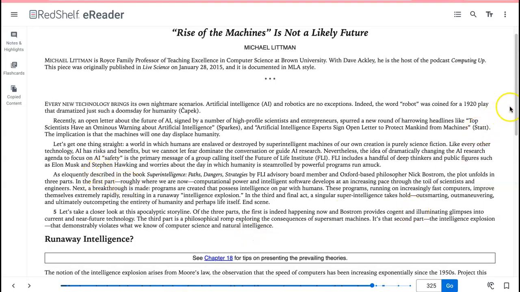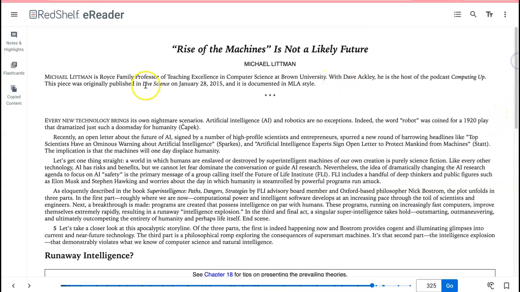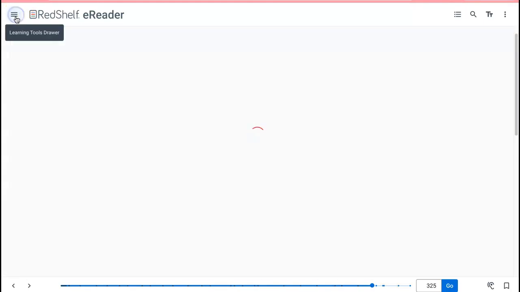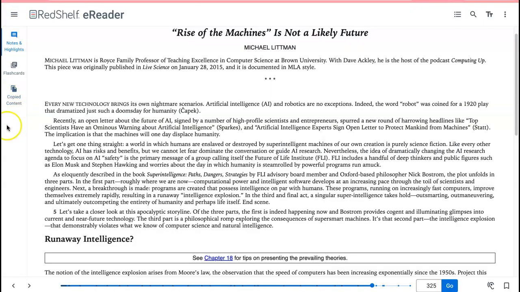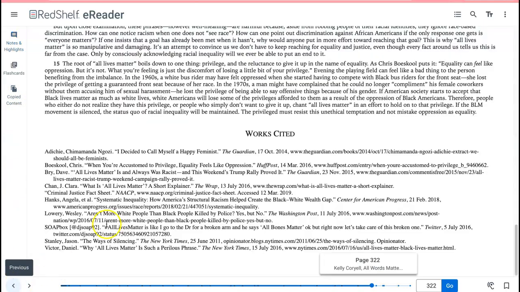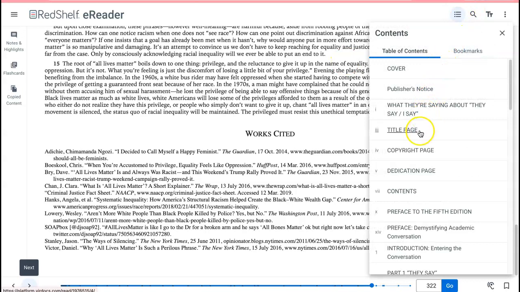And here we are in this chapter, which is the chapter where I left off, but you can definitely go ahead and use the tab to go to other chapters, and you can also go ahead and move the arrows to go to different pages. Here's a table of contents. Here we go. It used to be on this side.